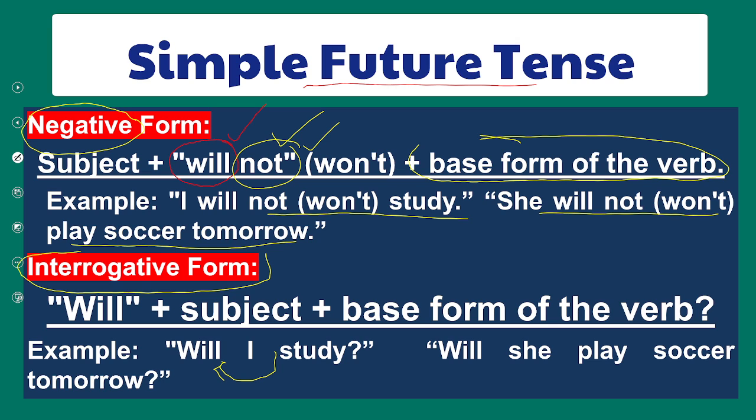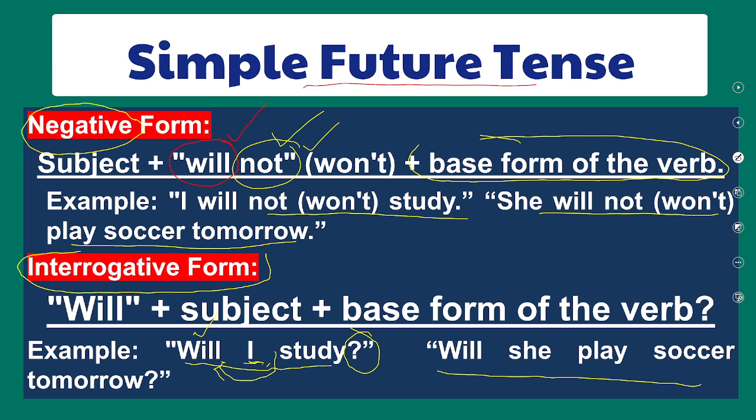Like, the will or shall was placed after the subject I; we insert the will or shall at the beginning of the sentence before the subject, and lastly we insert a question mark. This is how we make the interrogative form of the simple future tense. It will be: Will I study? Will she play?